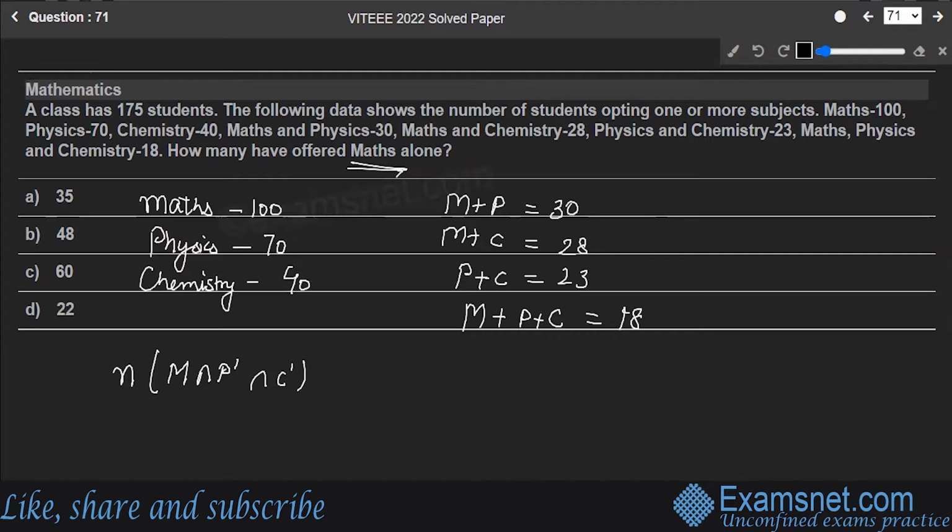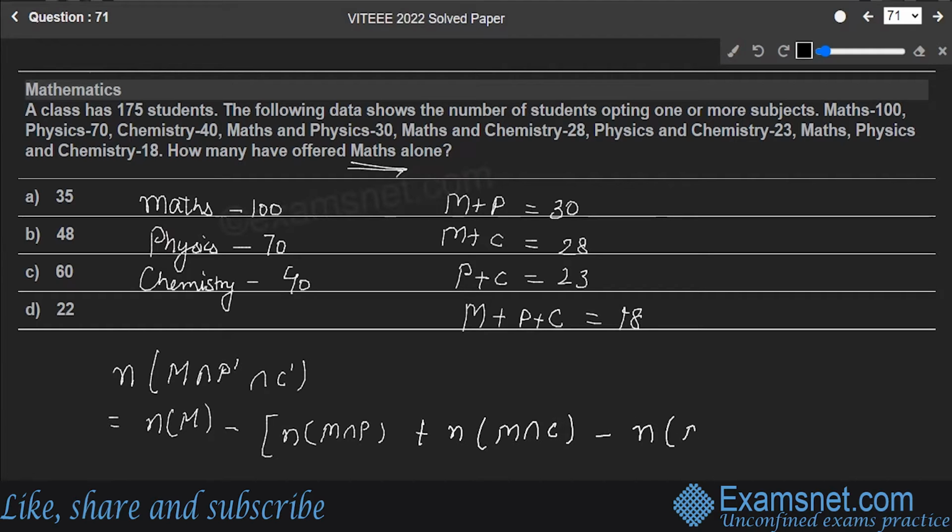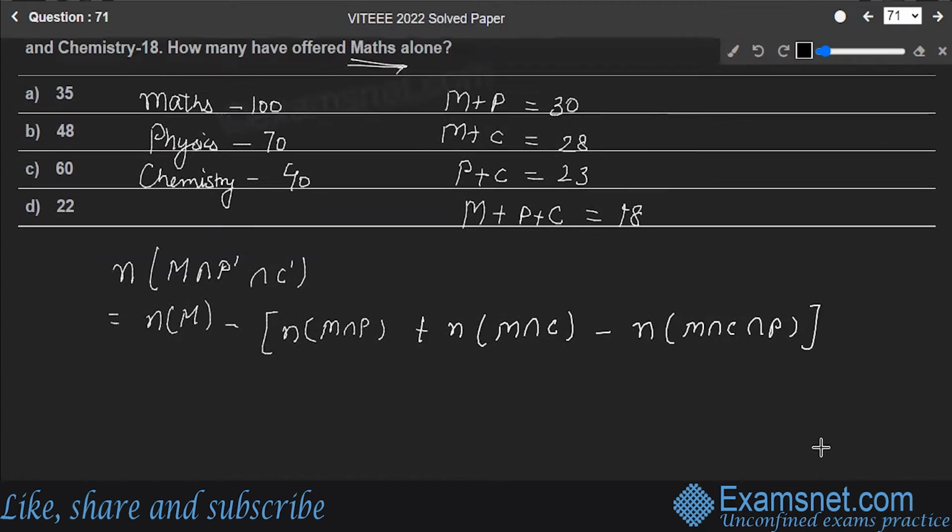All right. Now this is given by the number of students who have opted for maths minus the number who have opted for both maths and physics plus the number of students who have opted for maths and chemistry, minus the number of students who have opted for all three subjects, right?